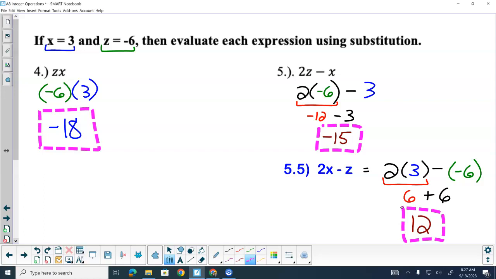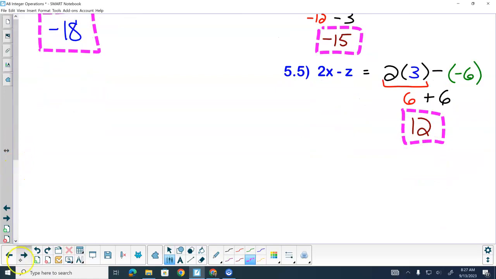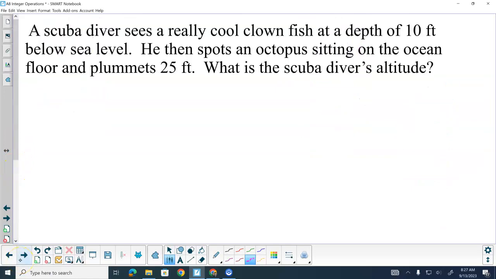Missing a sign every once in a while. People probably miss that negative sign. I've seen a lot of stuff on homework that gets turned in. You're missing signs because you're trying to do too much in your head. So write it out.